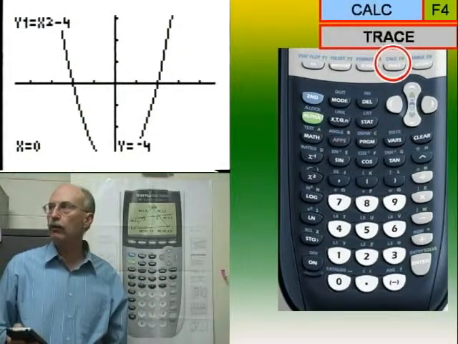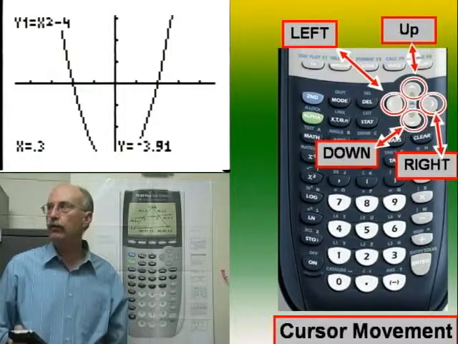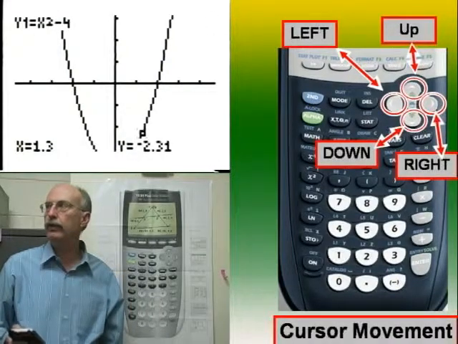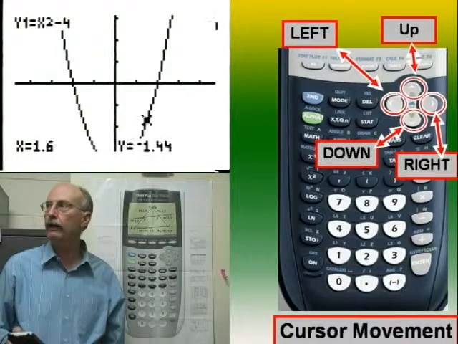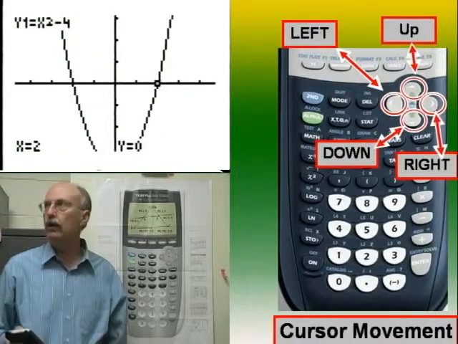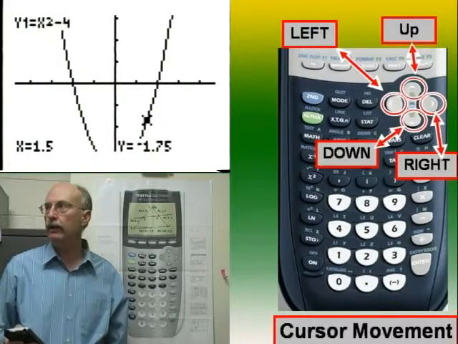But now as I move to the right, notice that it moves in even increments of a tenth. So there we are at x equals 1, 1.1, 1.2, 1.3, 1.4, 1.5, and we can hit exactly x equals 2. We can move to the other side.